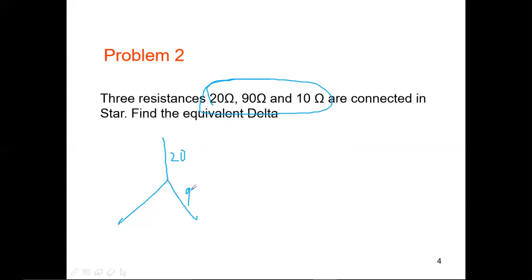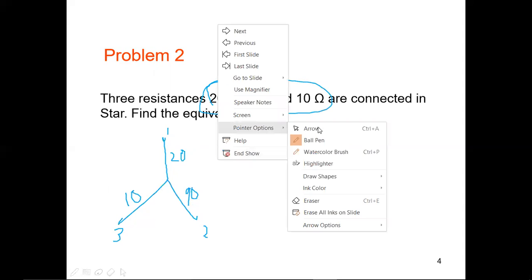Follow this clockwise convention throughout the entire electrical circuit subject. Don't confuse it with other books and reference notes. Please follow my instructions strictly, otherwise you may get confused. 20, 90, and 10 in clockwise mode. Let me write 1, 2, 3. Now convert this into the equivalent delta. Let me draw the delta also.